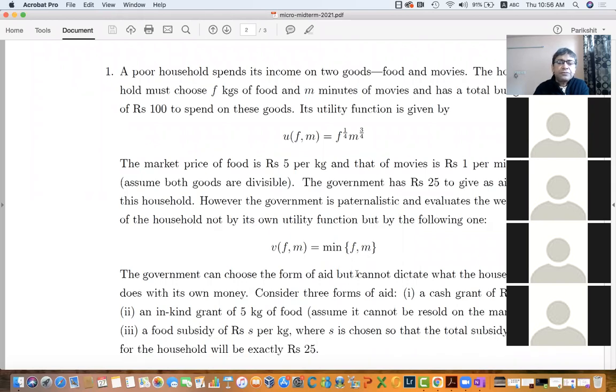So if the government could control the choices of the household, then they would use this utility function to make choices for them. However, the government cannot make the household choices, right? The government can only choose what form of aid to give, but consumer sovereignty applies to the household as far as its own money is concerned, the 100 rupees that it has.